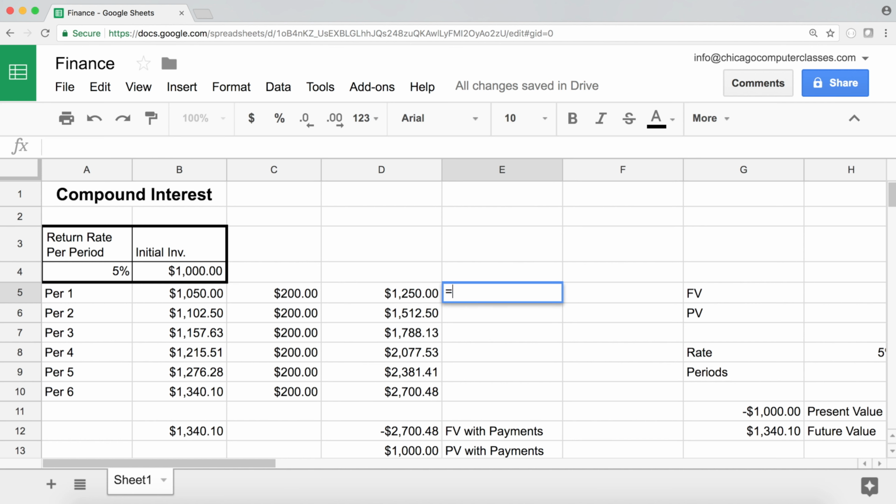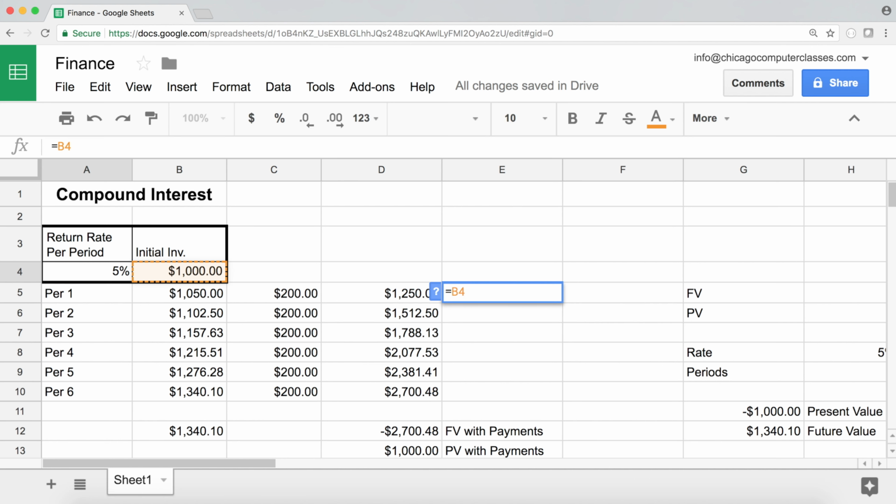So initially, our first one is going to be, let's take this $1,000 and we're going to multiply this by 1 plus that 5% that I have. So that should just get me 5%. But again, our payments were due in the beginning.